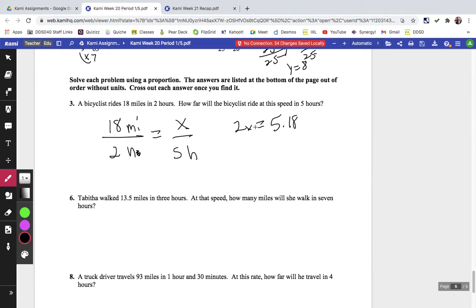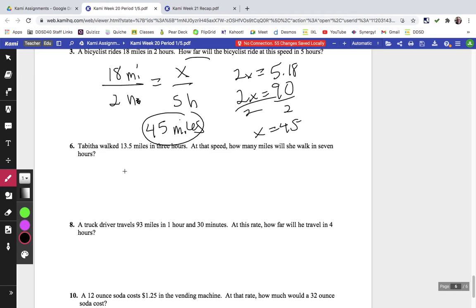Just going to double check. 5 times 18 is 90. So 2x equals 90. Divided by 2, x equals 45. We look at the problem, it says how far, and it's 45 miles.